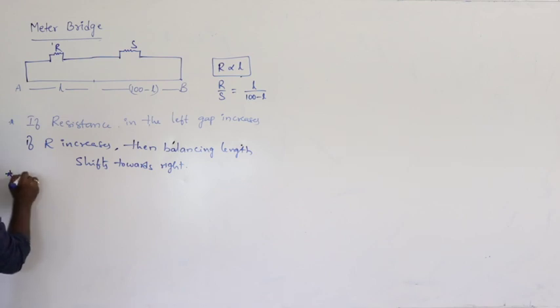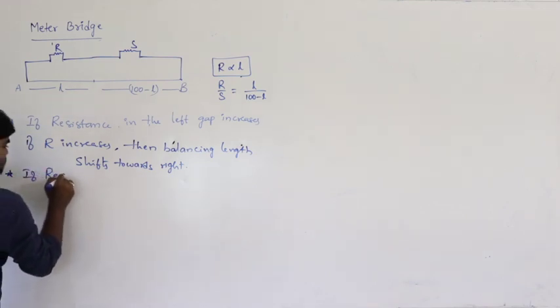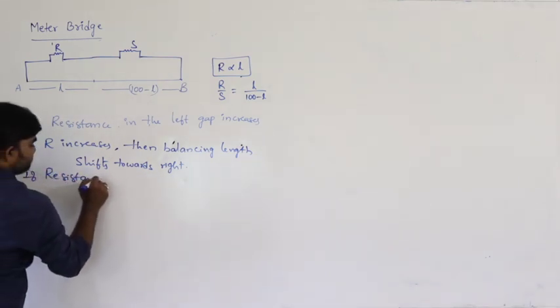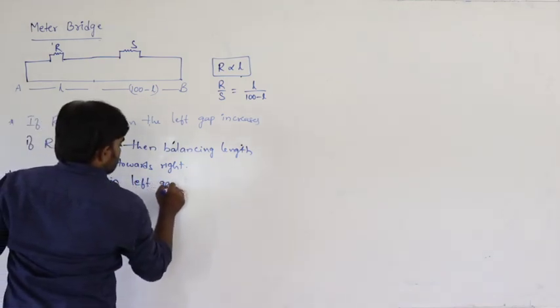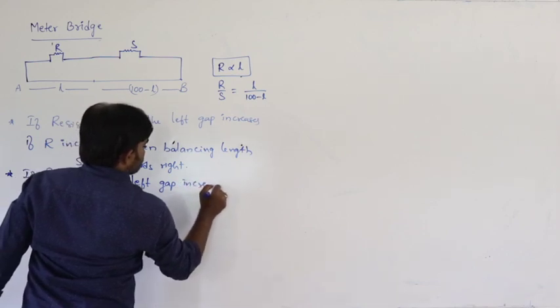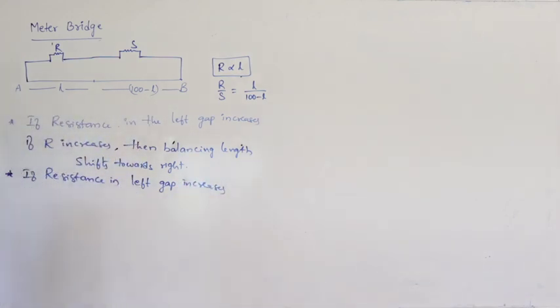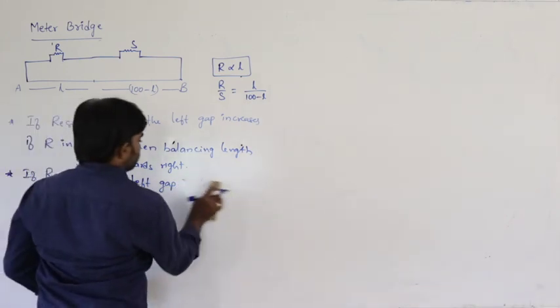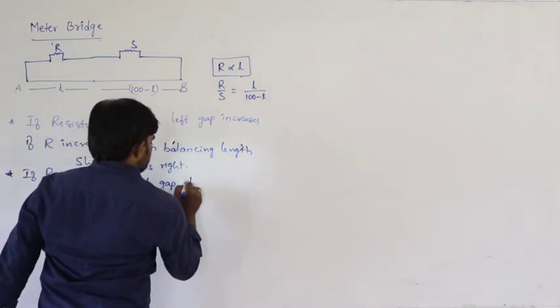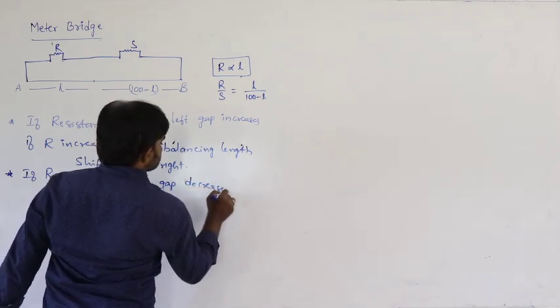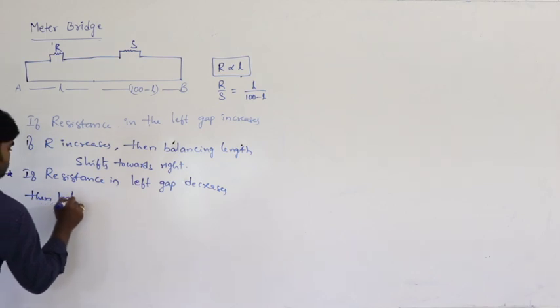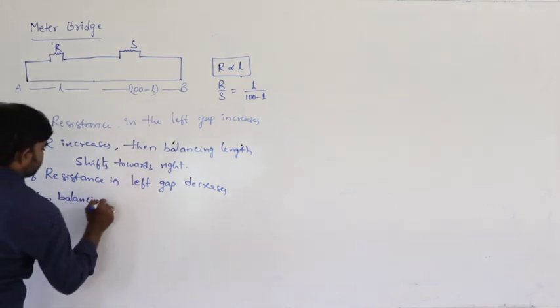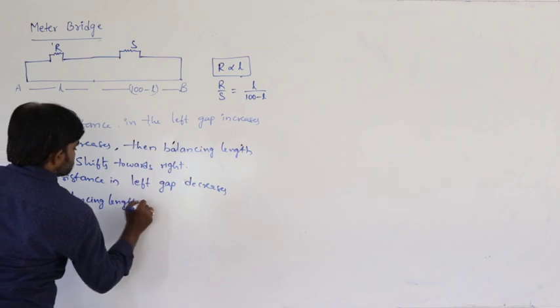Next, if the resistance in the left gap decreases, we already know the increase condition. If resistance in the left gap decreases, then the balancing length shifts towards left.